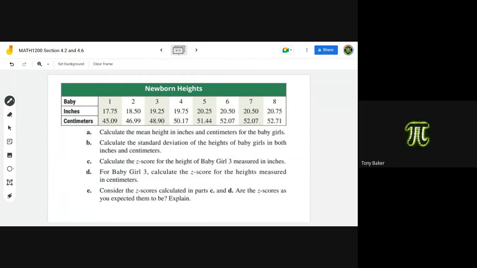I'm not going to use those. I'm going to actually give it. These are heights, right? I need the standard deviation. I don't know this one off the top of my head.